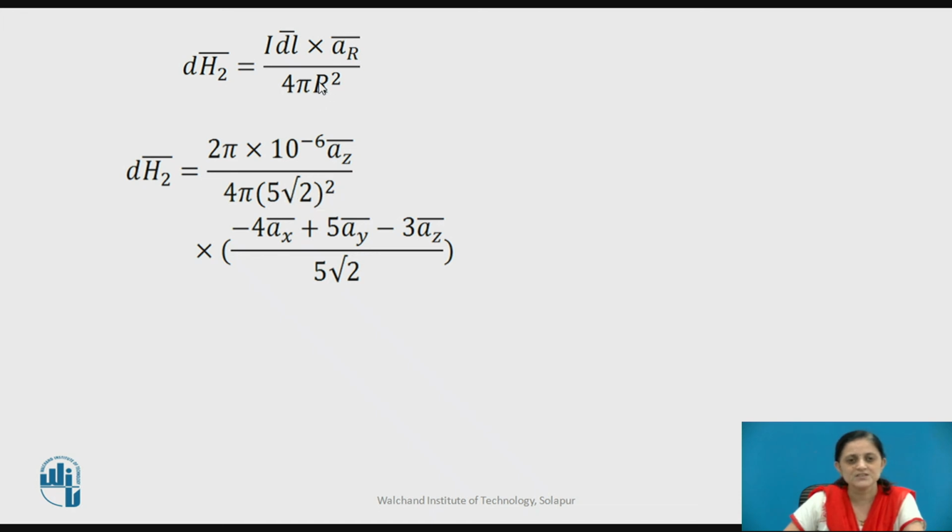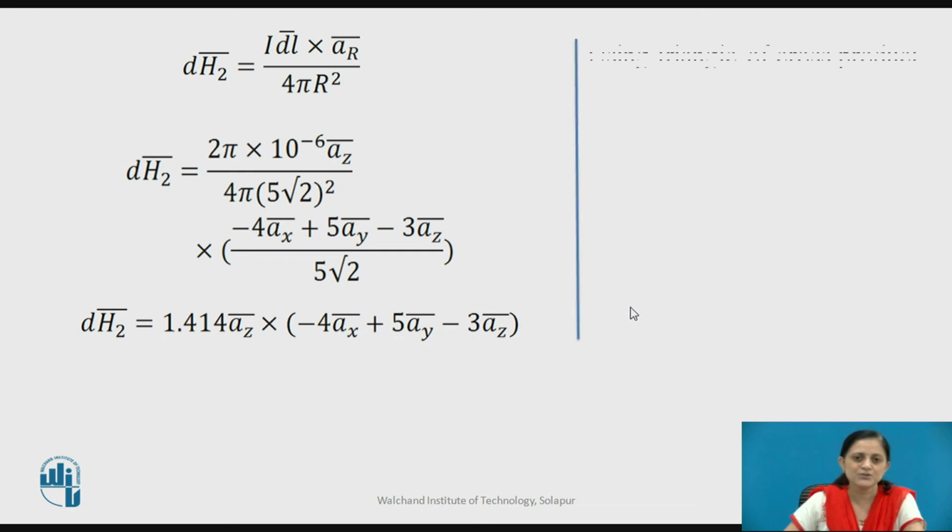So we have to take the square of R, therefore 5 root 2 square. Solve this equation, again you are getting dH2 bar equal to 1.414 a bar z cross with minus 4 a bar x plus 5 a bar y minus 3 a bar z.